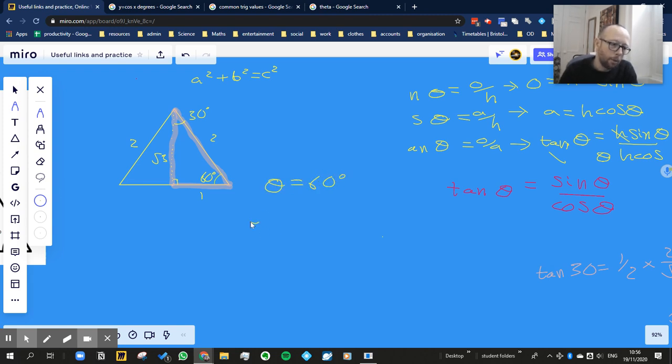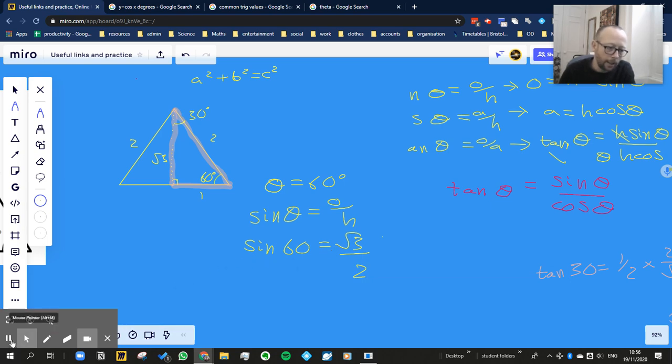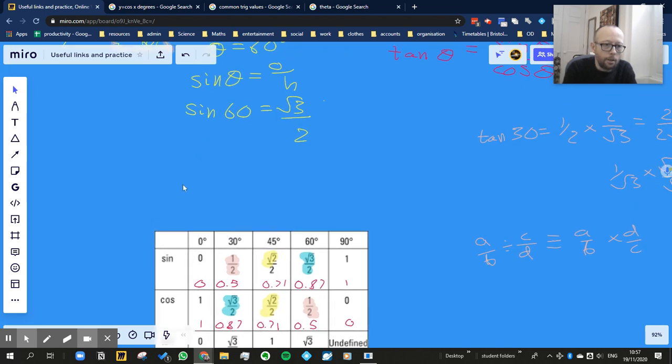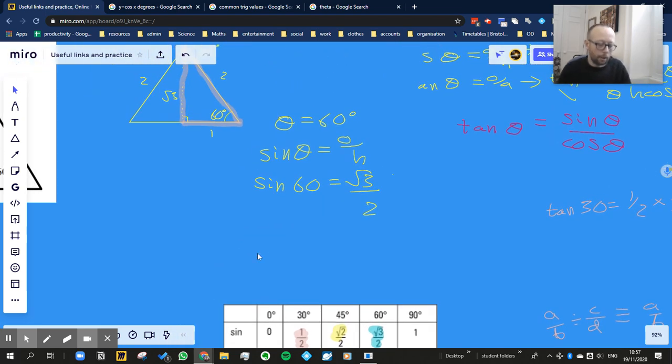We know that sine theta is equal to opposite over hypotenuse, so therefore sine 60 must equal the opposite, which would be root 3, over the hypotenuse, which is 2. And if you look at the table of values, you'll find that's the case. There we can see sine 60 is equal to root 3 over 2. Let's do cos 60.